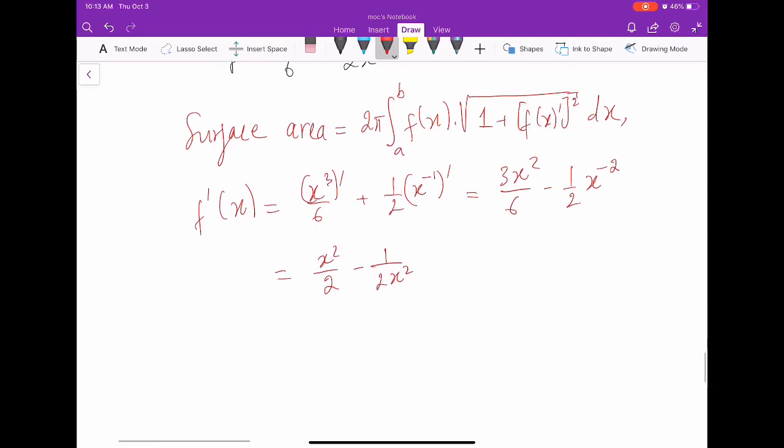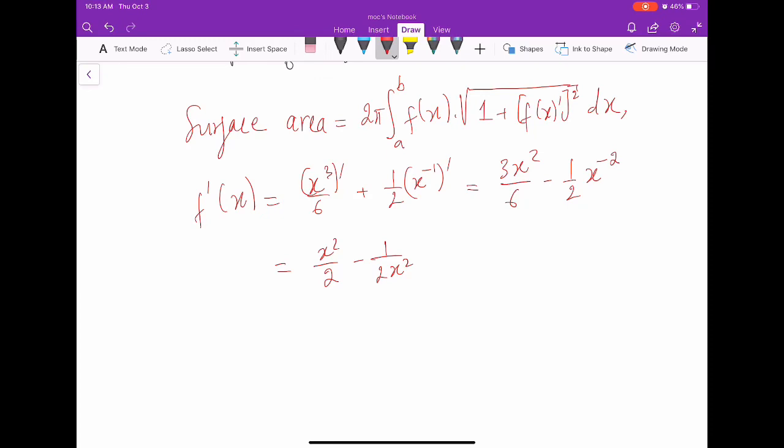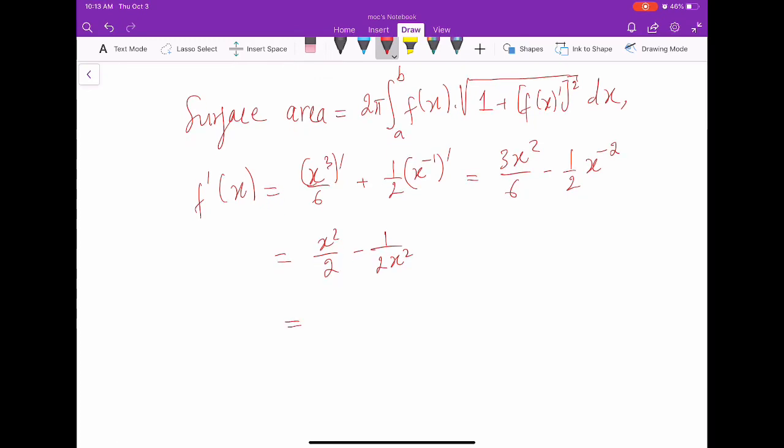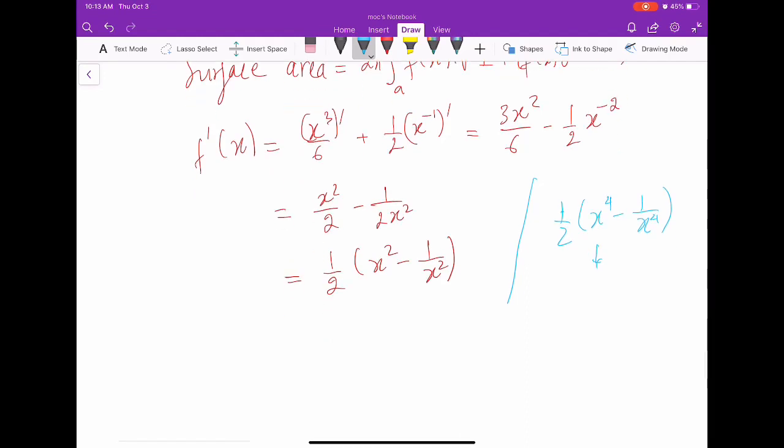So you can see that this function is very similar to the function in the previous problem. Let me remind you about this. In the previous example, we considered 1 over 2 x to the 4 minus 1 over x to the 4. And when we use the square and you add 1, you change this from negative to x to the 4 plus 1 over x to the 4.